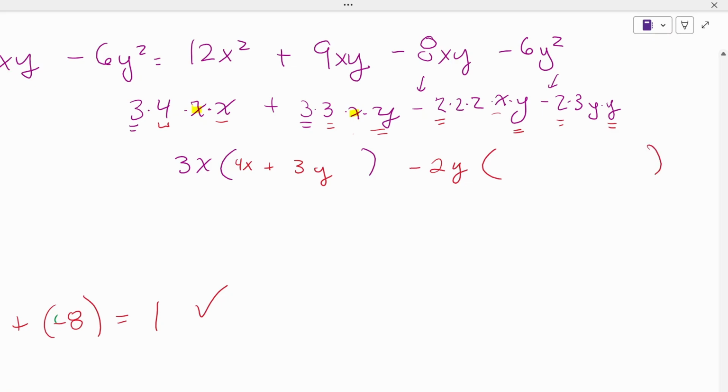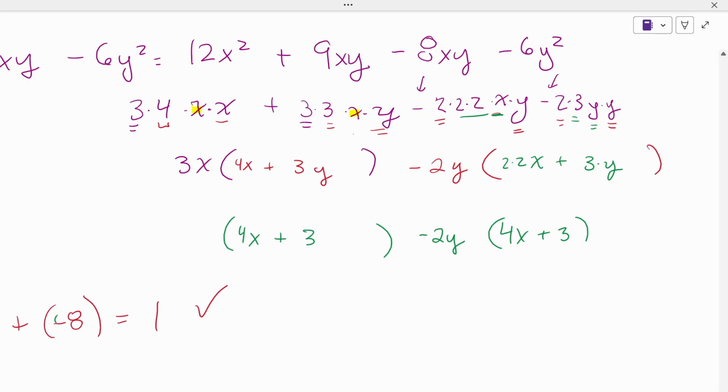And then once we pull out those negatives, you'll see that you're left with a 2 times 2x, and 3 times a y. Noting that once you pull out a negative 2, negative times a positive is a negative. So you've pulled out the negative component, meaning that your terms in the parentheses need to be positive. 2 and 2 is 4, so let's go ahead and we'll clean this innermost parentheses up a bit.